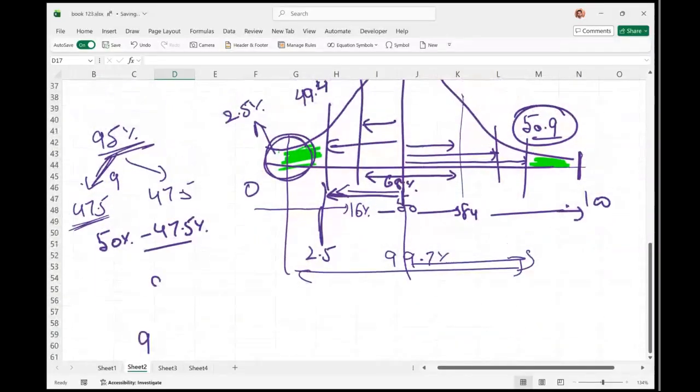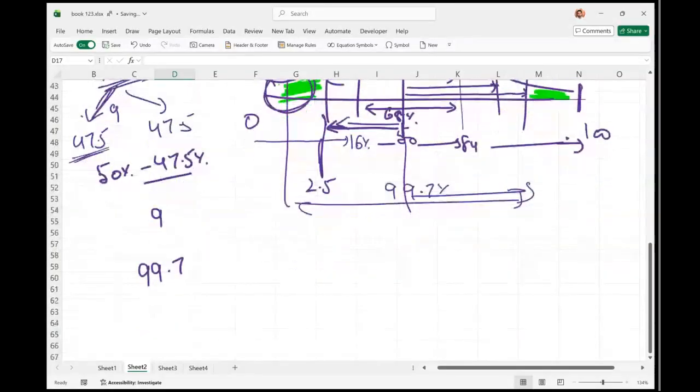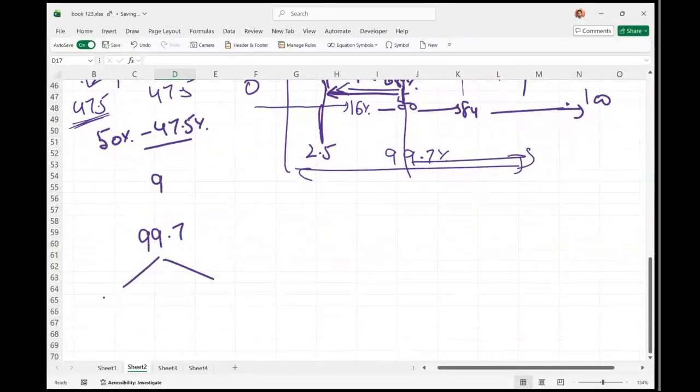So 99.7, it will become how much? Let me do this on my calculator. 99.7 divided by 2, 49.85% will go on the left hand side from the middle, 49.85% to the right hand side of the middle.